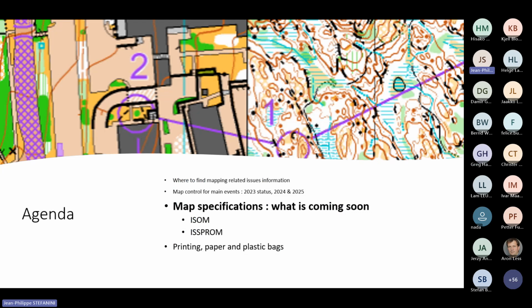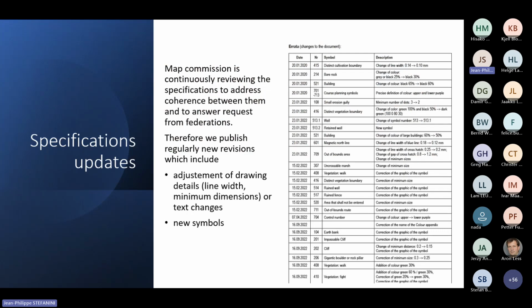So the third part relates to the map specification. Map specification is something which is continuously reviewed by the Map Commission based on feedback from the organizers or from the National Map Commissions.